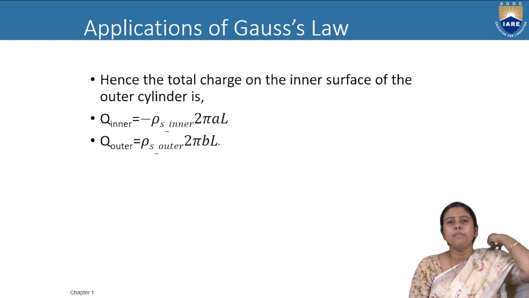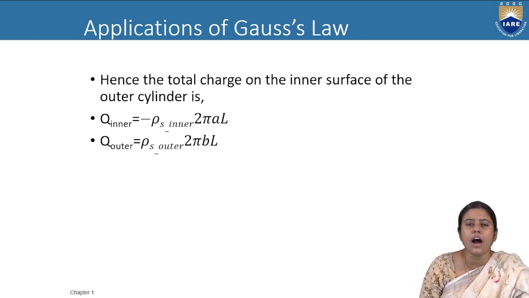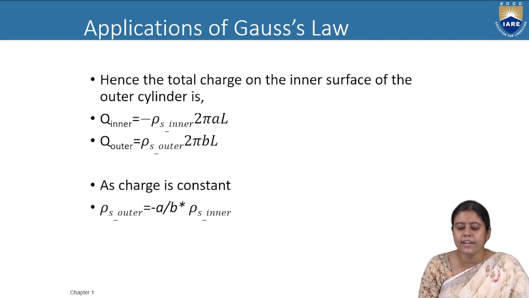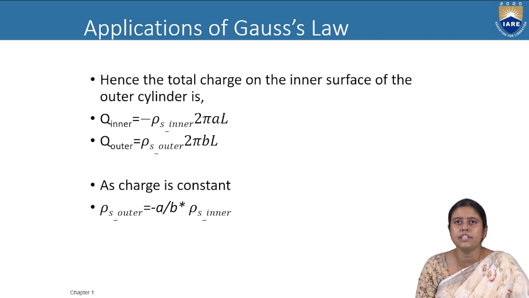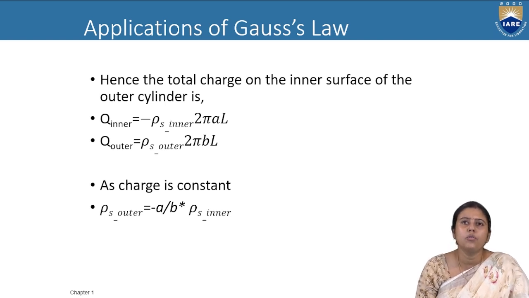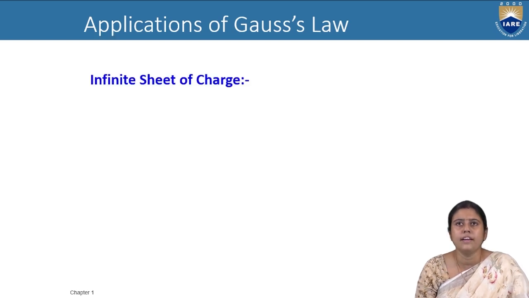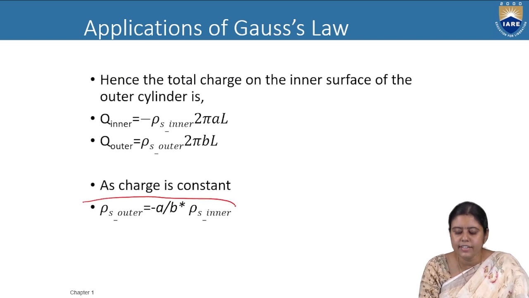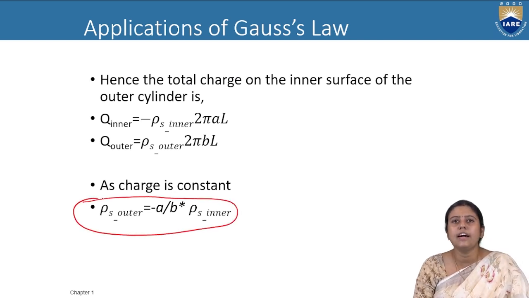Why 2 pi BL? B is the radius of the outer one. So what is rho S outer? If we divide this equation by this equation, we get rho S outer is equal to minus A by B rho S inner. So this is the relation between the flux densities of a cylinder of a coaxial cable.